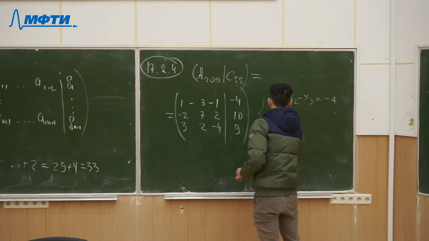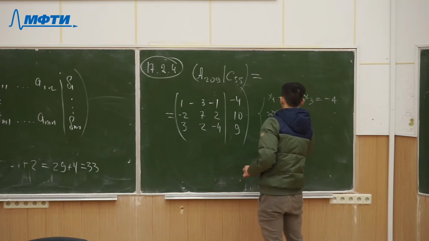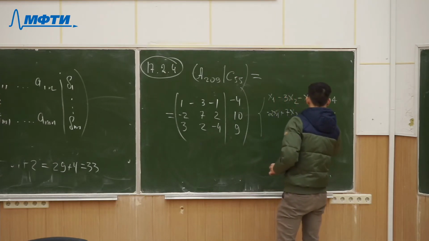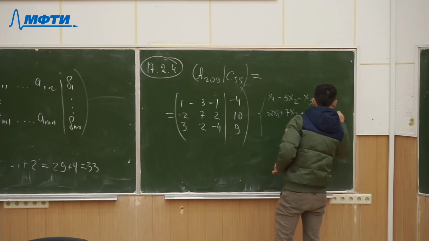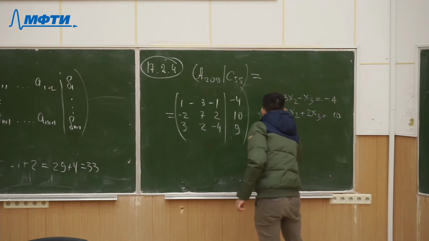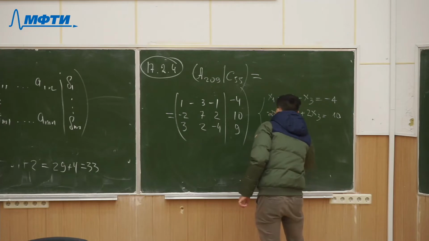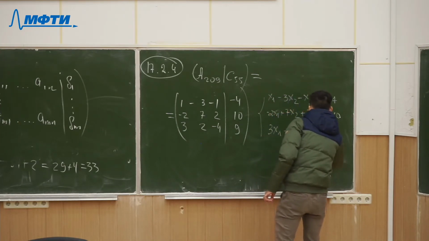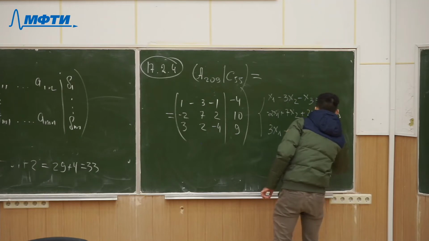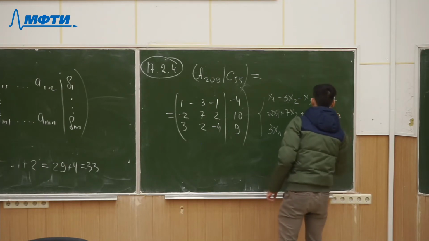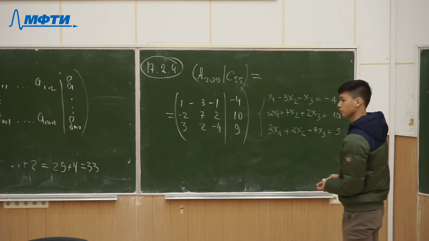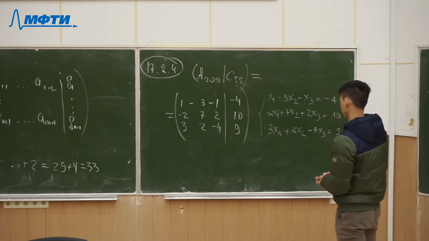Minus, yes, plus 7x2 plus 2x3 equals 10. 3 times x1 plus 2x2 minus 4x3 equals 9. Excellent.